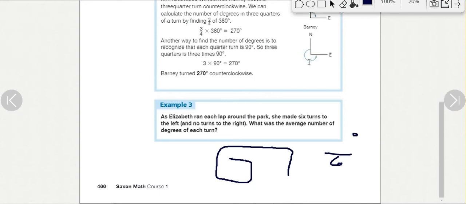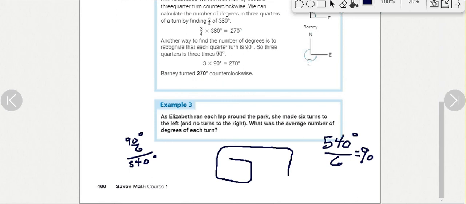A left-hand turn is only 90 degrees, so 6 times 90 would be 540. Quick math in my head, because 9 times 6 is 54, add the 0. So 540 degrees divided by 6 total turns, wouldn't that be 90? Let's see how I did.